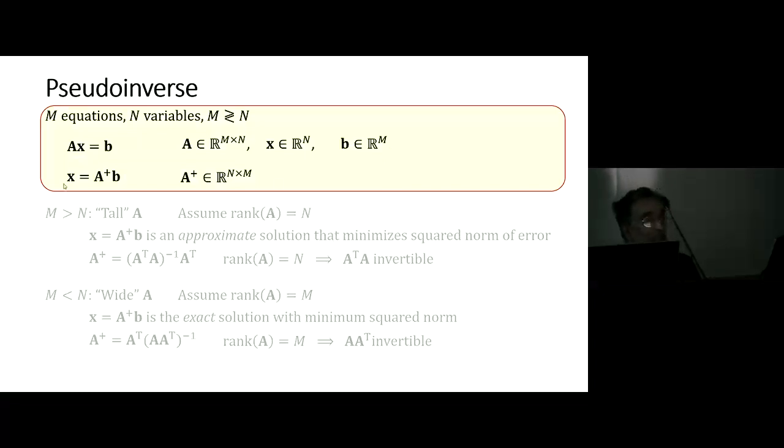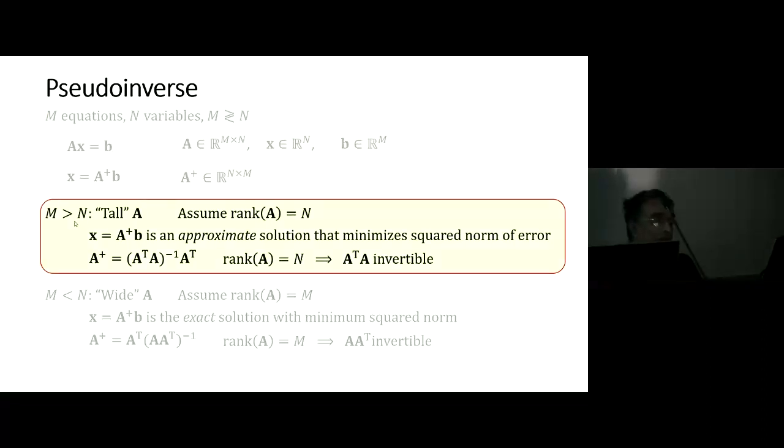The solution is x equals A plus b. So this A plus is the Moore-Penrose pseudo-inverse of A, and it has the dimensions of the transpose of A. So if A is an m by n matrix, then A pseudo-inverse is an n by m matrix.